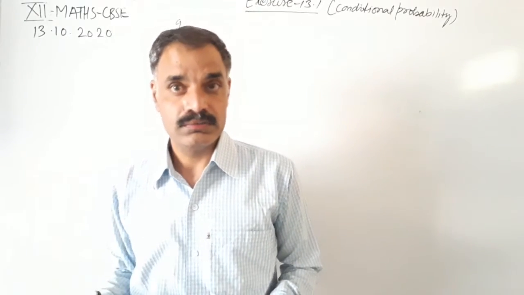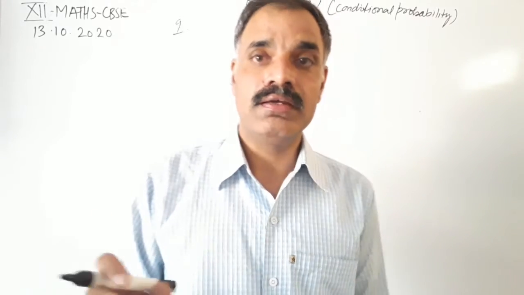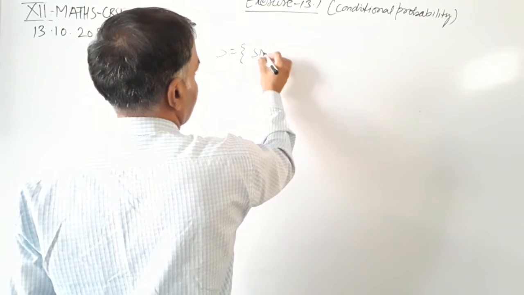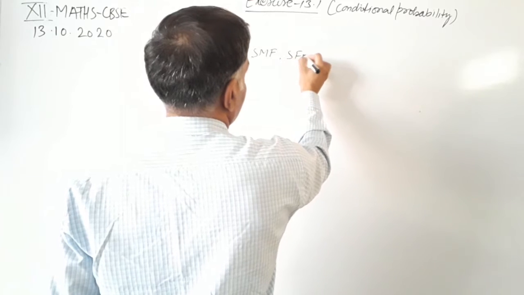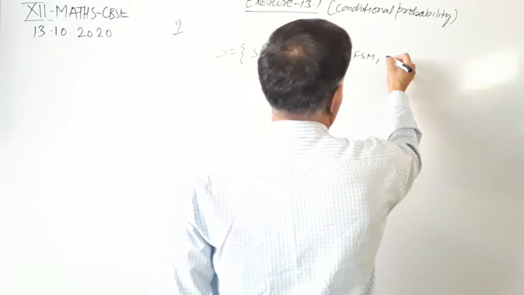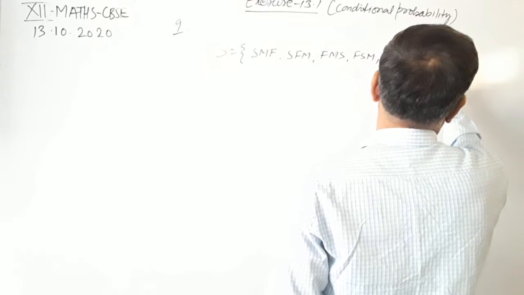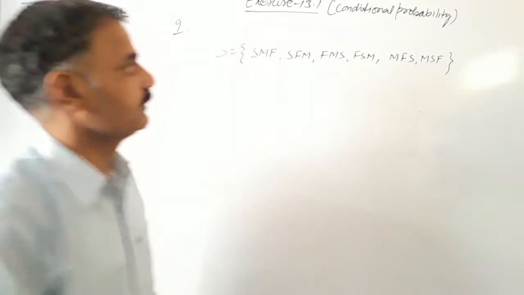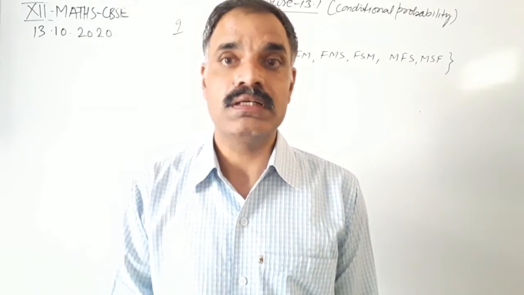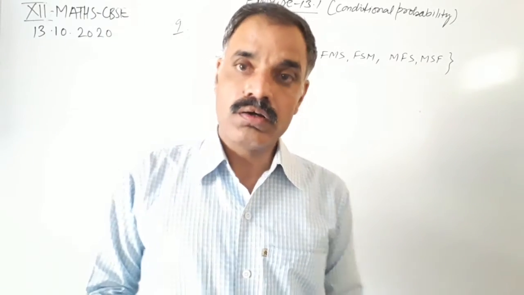So the sample space will be: son, mother, father; son, father, mother; father, mother, son; father, son, mother; and then mother, father, son; mother, son, father. This is the sample space. If all three line up for a family picture, they can line up like this. All the line-ups are different.